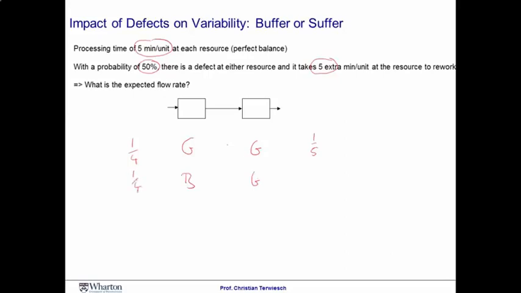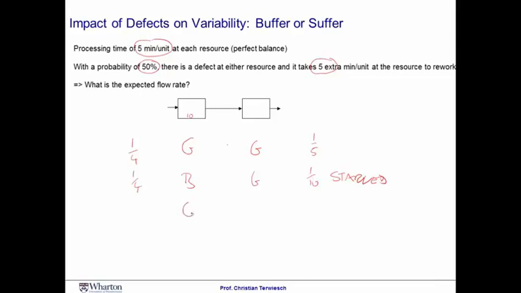That has also a probability of 1 over 4. Now what happens? In this case, the first resource will take 10 minutes to complete the work. However, the second resource is done after 5 minutes and is then out of work. We say that this process is starved at resource 2. Resource 2 is starved of work, and the flow rate goes down to 1/10.